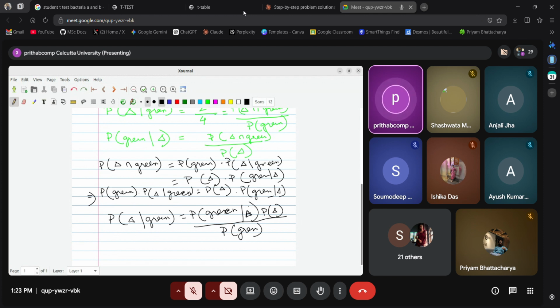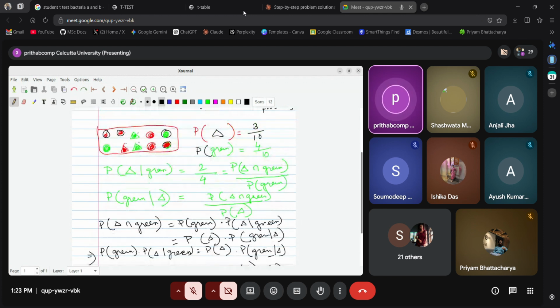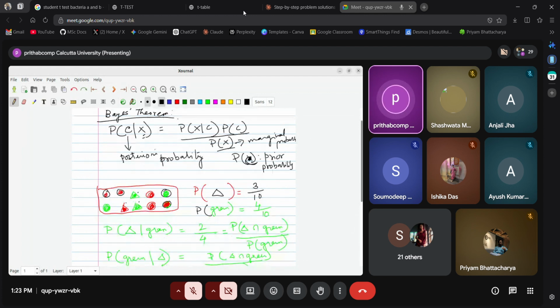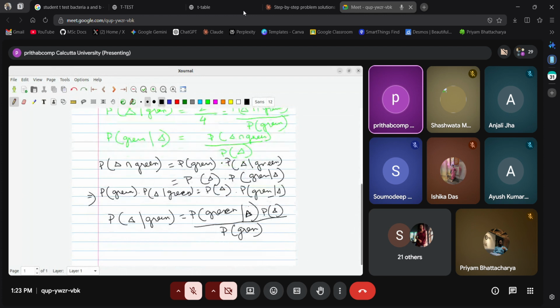Now if you look at the Bayes theorem that we have seen, probability of C given X, is probability of X given C into probability of C divided by probability of X. So now it is exactly of this form. We can say this is C, this is X, right? And similarly, you can map over here.